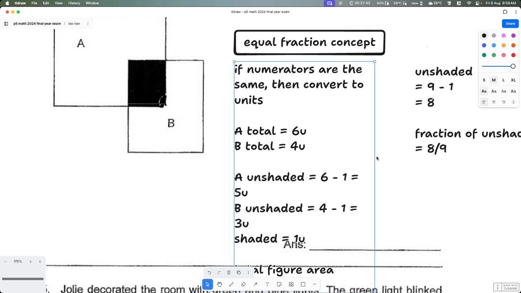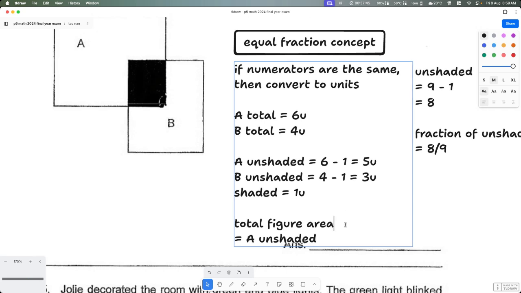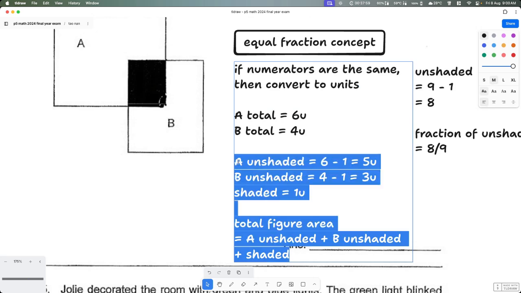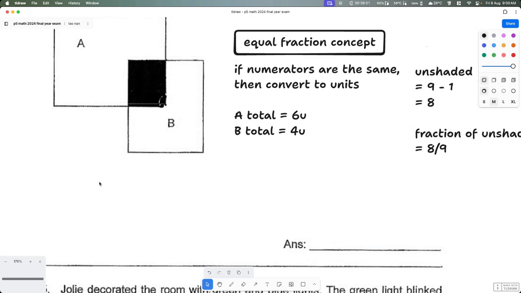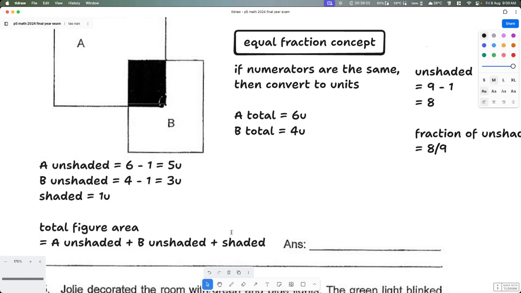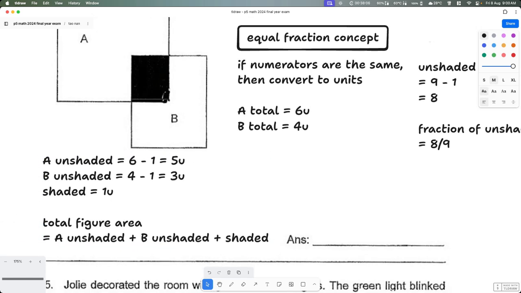So A unshaded 5 plus 3 plus 1 is equal to 9, right?